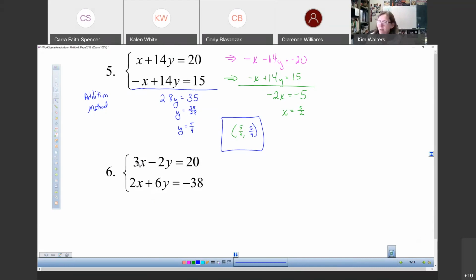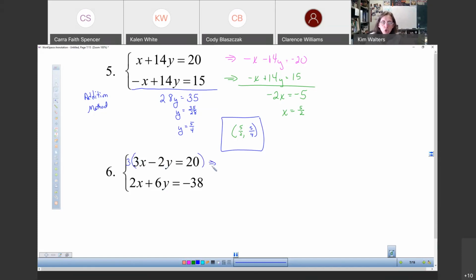So yeah, you're spot on. I can multiply the top one by, and I do want to use a positive 3, and I think that's actually what you said, Kaylin. The positive 3 is going to give me a negative 6 here and a positive 6 here. Yep, that is perfect. So I'm going to take the first equation and multiply it by a positive 3.